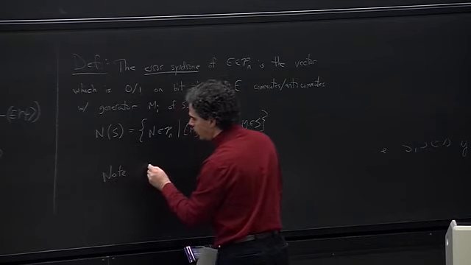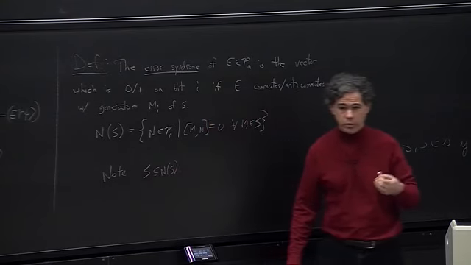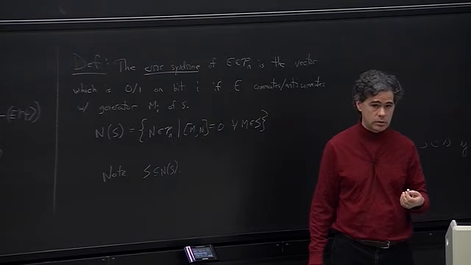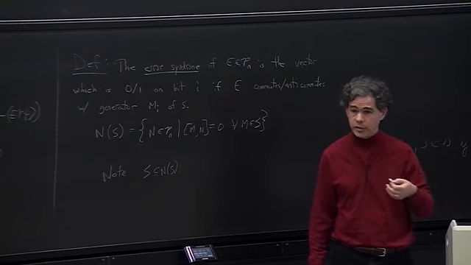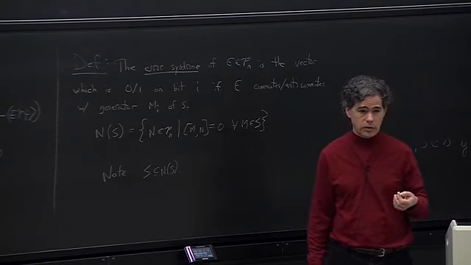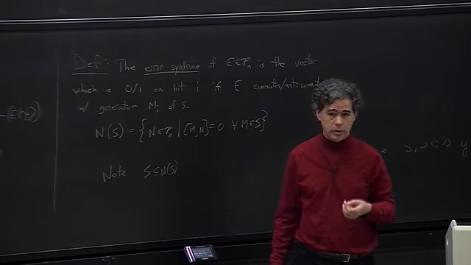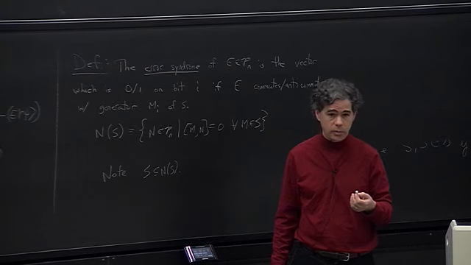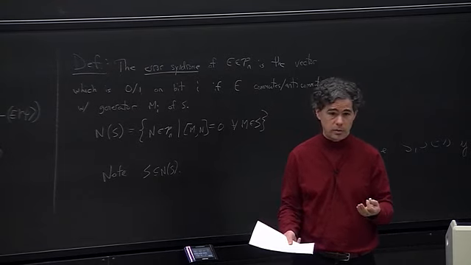Since the stabilizer is abelian, the stabilizer is always in N of S. But in general, there are other things in N of S as well. And those things are going to be undetectable errors, right? Because those are things that commute with all the things in the stabilizer and therefore have 0 error syndrome. And therefore, we have no way of distinguishing them from the identity based on the error syndrome.